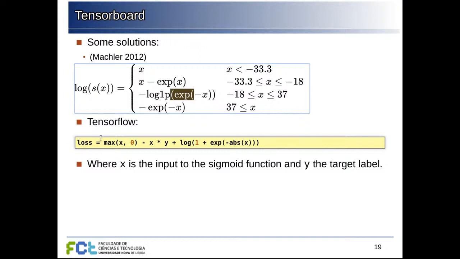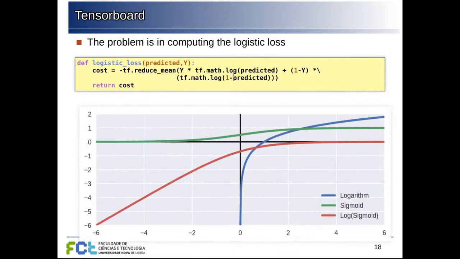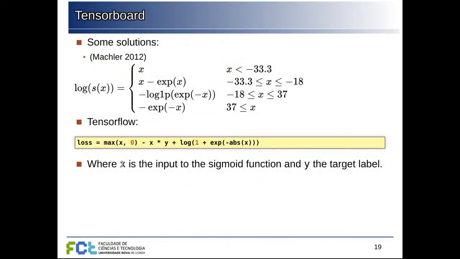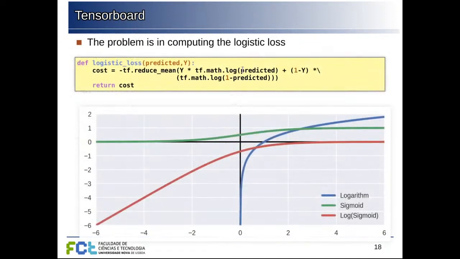Or in the case of TensorFlow, it uses this formula here, where y is the label that we're trying to adjust our model to. X is the input to the sigmoid function, so it's not the prediction, but the net sum of the weights and the inputs for our neuron before applying the sigmoid function.